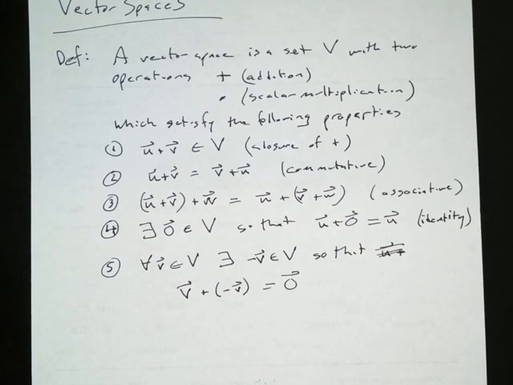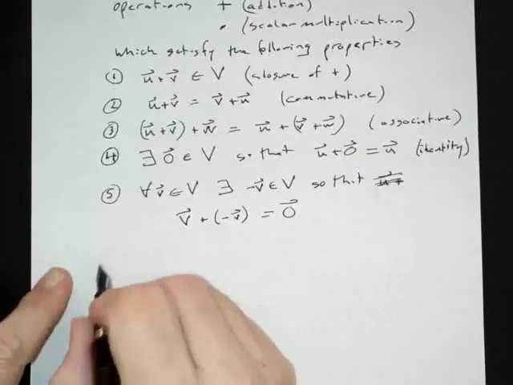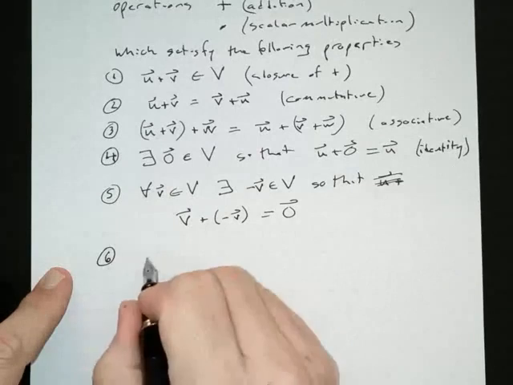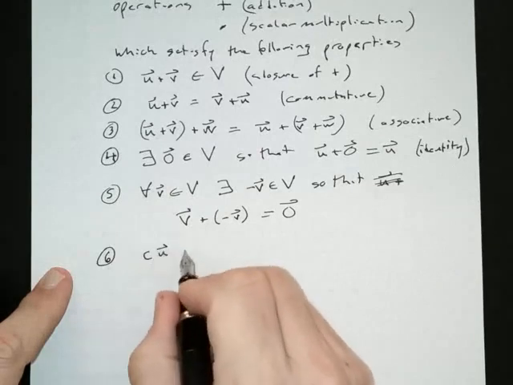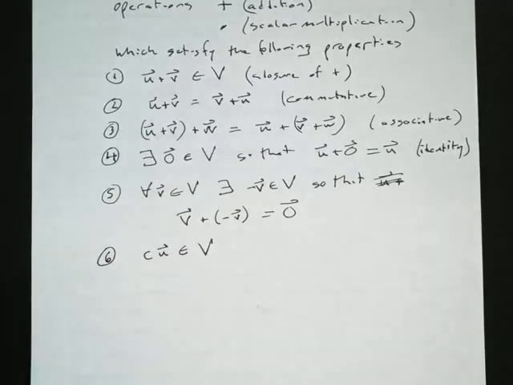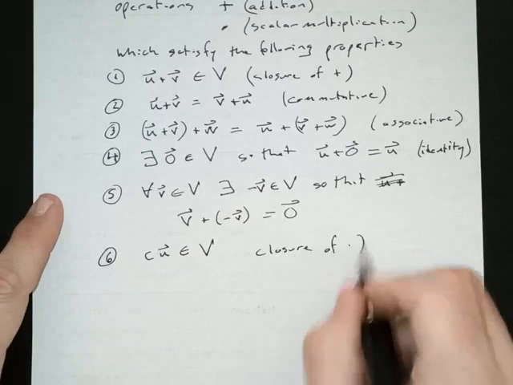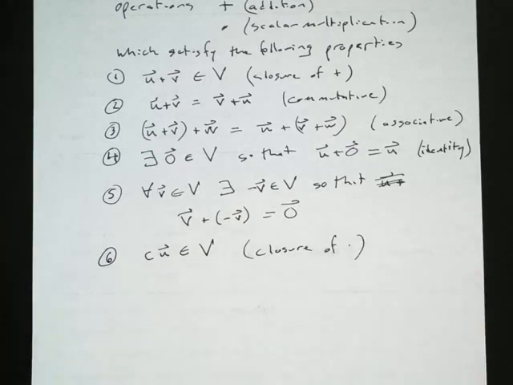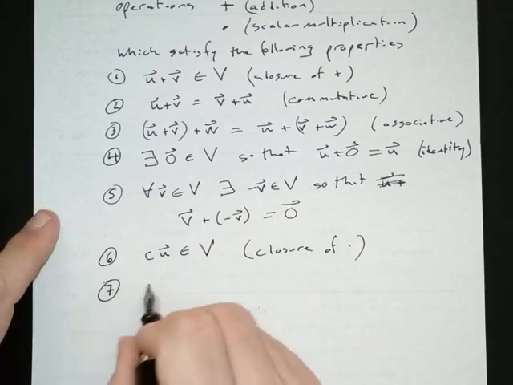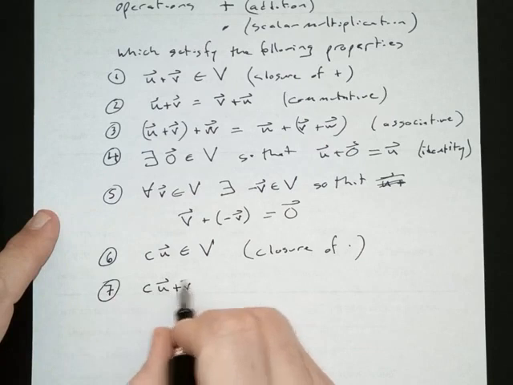I want similarly defined properties for multiplication. So when it comes to the multiplication part, I want to say that if you multiply by a scalar, you don't leave the set. This is closure again, but this time it's of the other operation. I want distributive rules, but I want 2 different kinds of distributive rules.